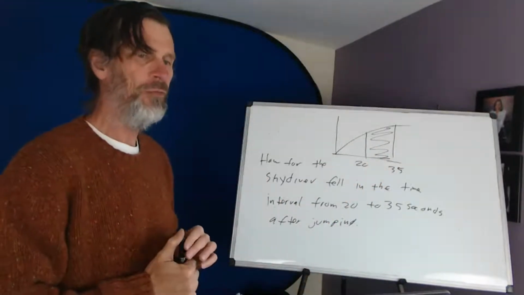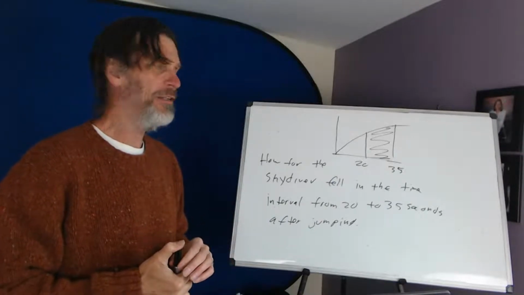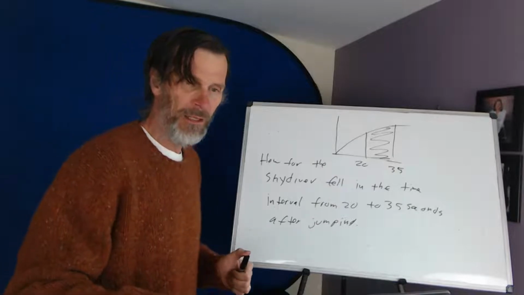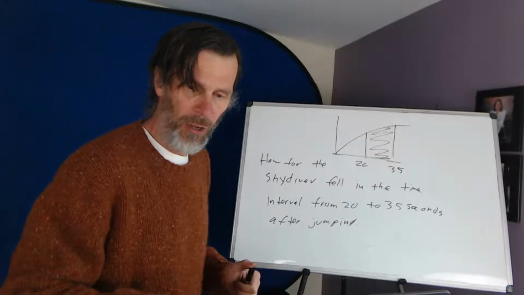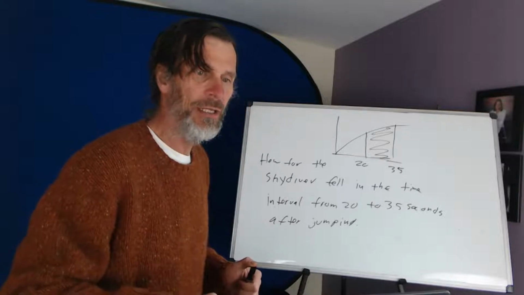The area under the curve will measure how far that skydiver fell. So that wraps up all of that problem. I think I'm going to double check. Yep, that was part E.